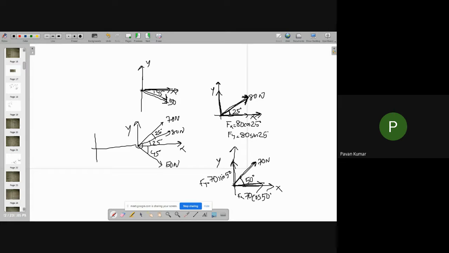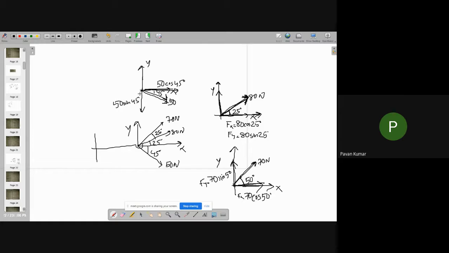So this component will be 50 cos 45 and this will be 50 sin 45. I hope it is clear now. So the first step is solved.